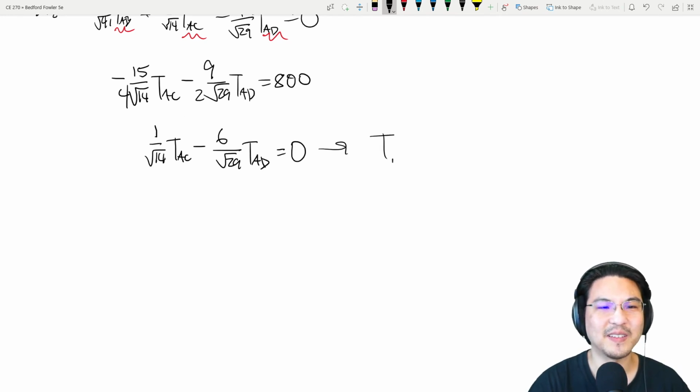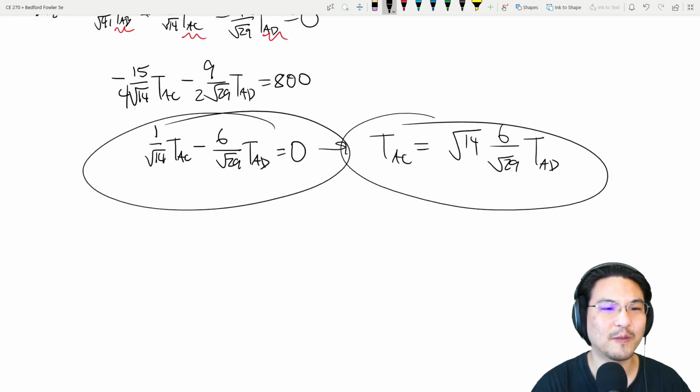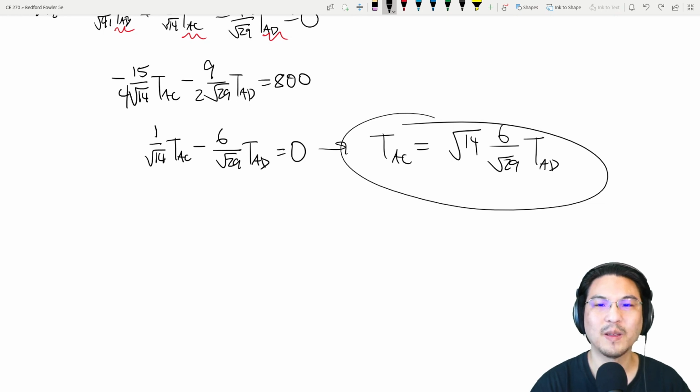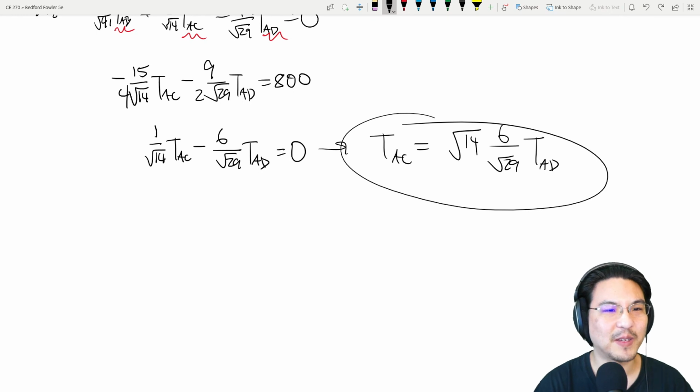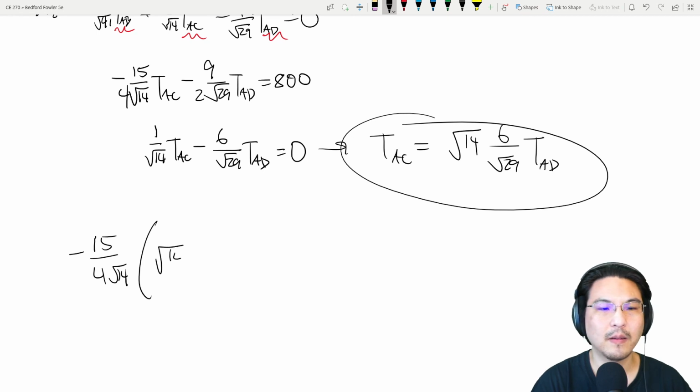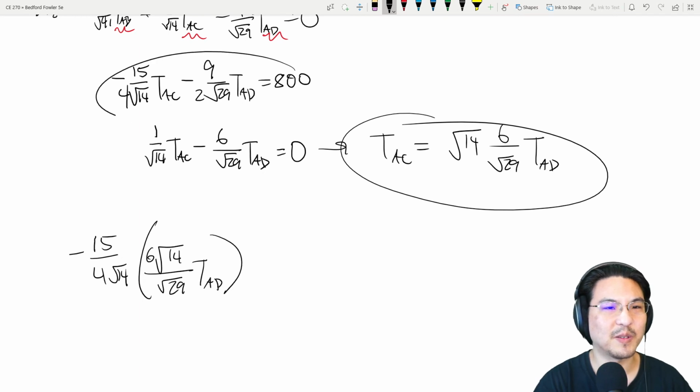Right, so then I say TAC equals 6 over root 29 TAD. So that I solve this for TAC and substitute it right there. I'm substituting it here again, right?